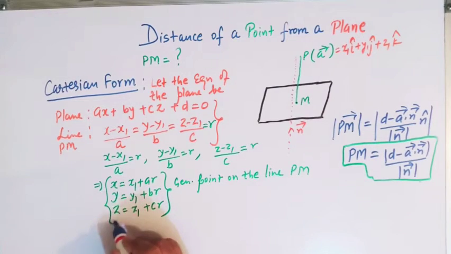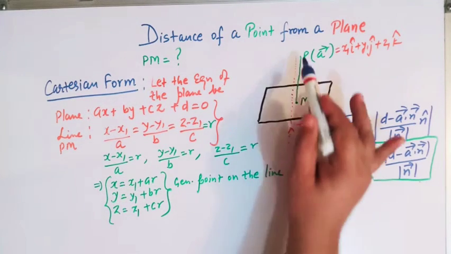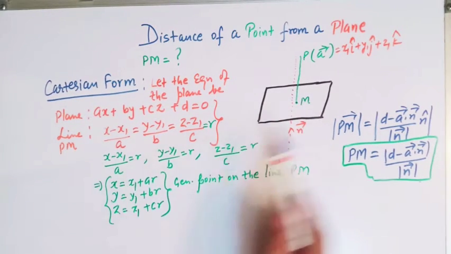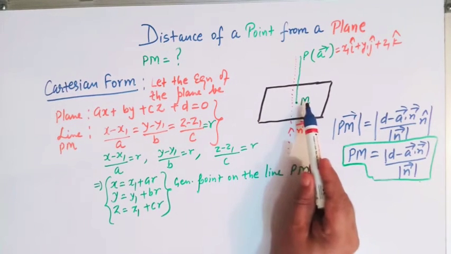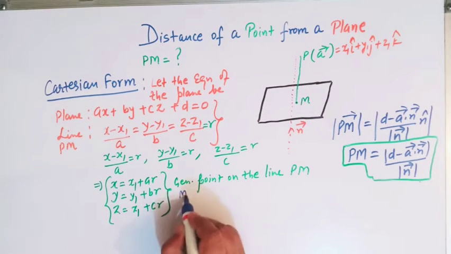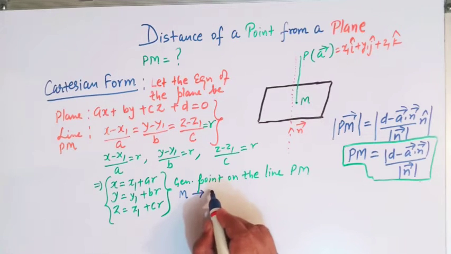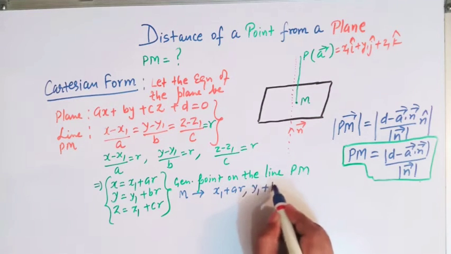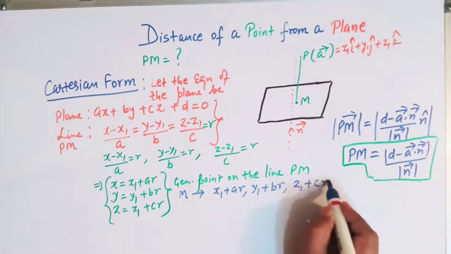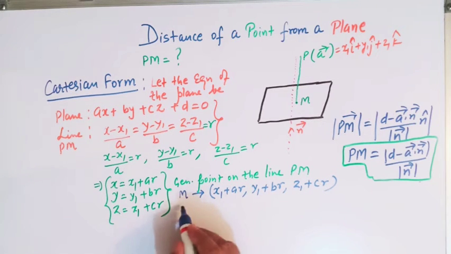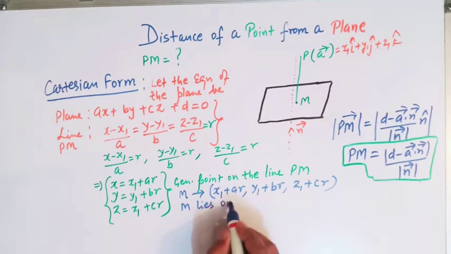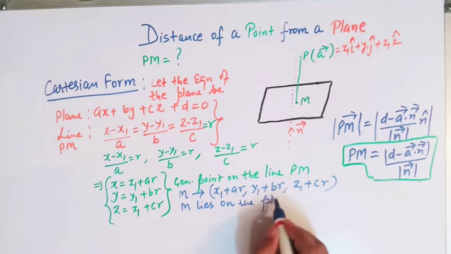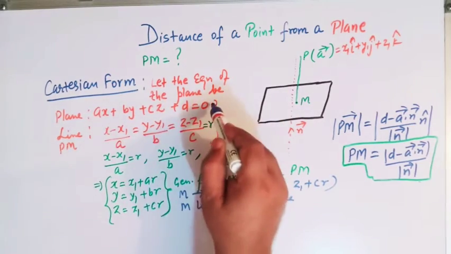Now viewers, this point x, y, z lies on the line, and let us assume that the coordinates of this point M are (x1 + ar, y1 + br, z1 + cr). Since M lies on the plane, it must satisfy this equation.